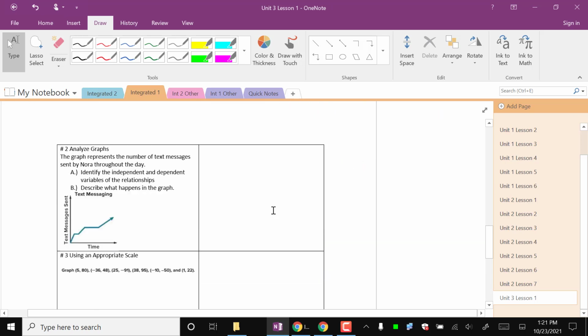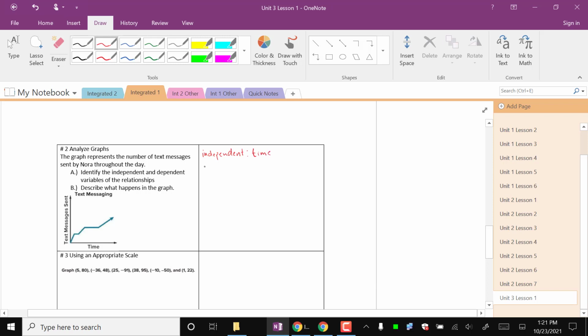So now we want to analyze the graph. So we want to start off with identifying the independent and dependent variables and describe what is happening in this graph. So the independent variable in this graph is the one kind of setting the pace, and that is time.